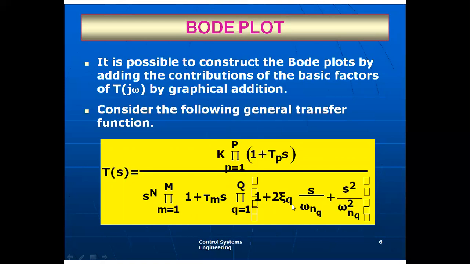That is, 1 plus 2 delta s divided by omega n plus s square divided by omega n square. This is a second order function. The numerator polynomial consists of the zeros of the system, whereas the denominator polynomial consists of the poles of the system.